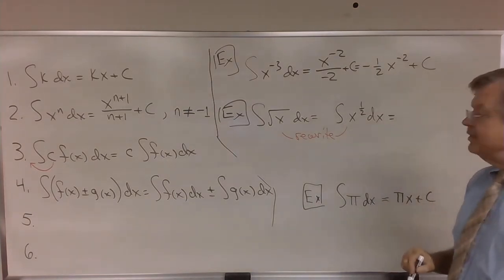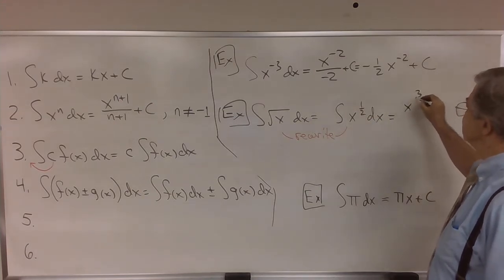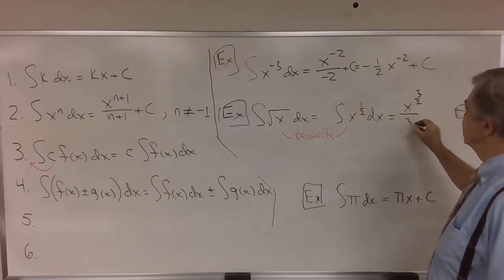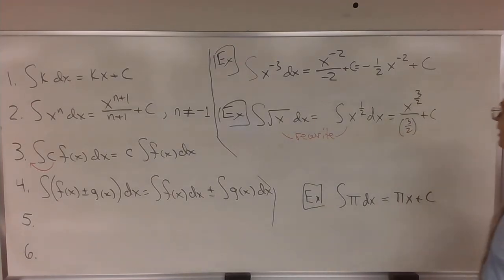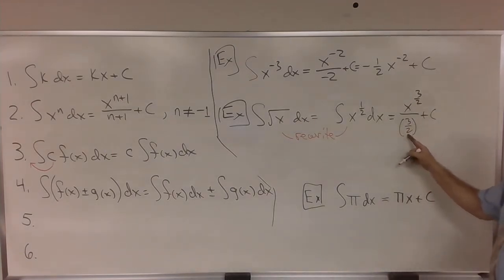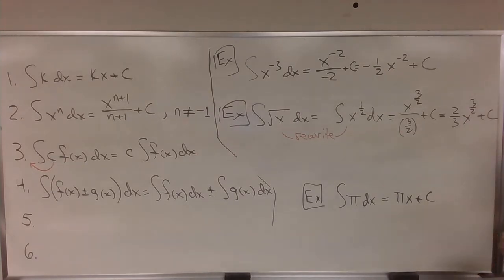And the power rule says add 1 to the exponent. So that's x to the 3/2. Divide by the new exponent. And let's see, if we divide by 3/2, that's the same as multiplying by the reciprocal, right? 2/3 x to the 3/2 plus c. Okay, looking good there.